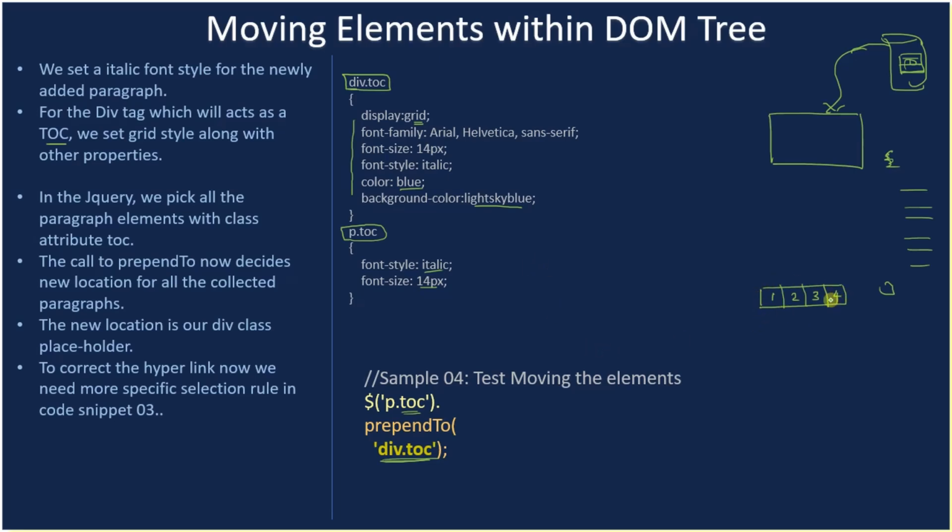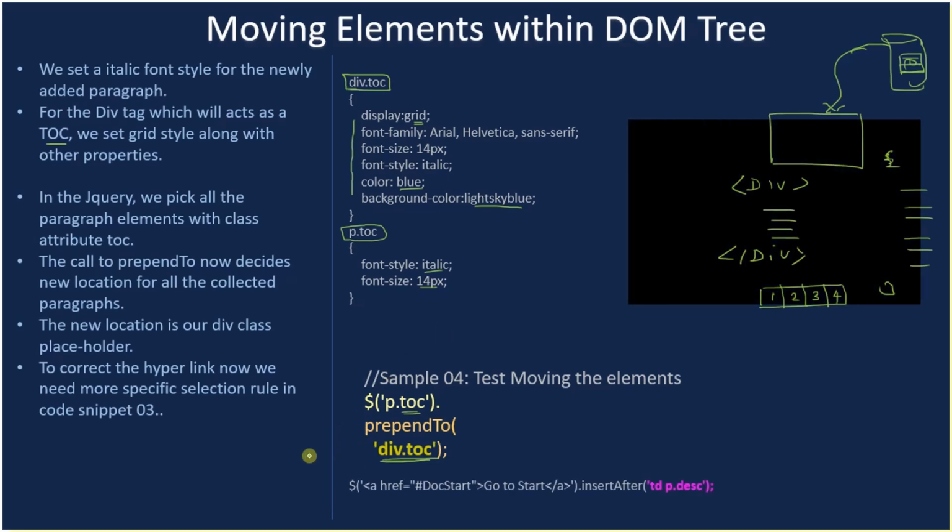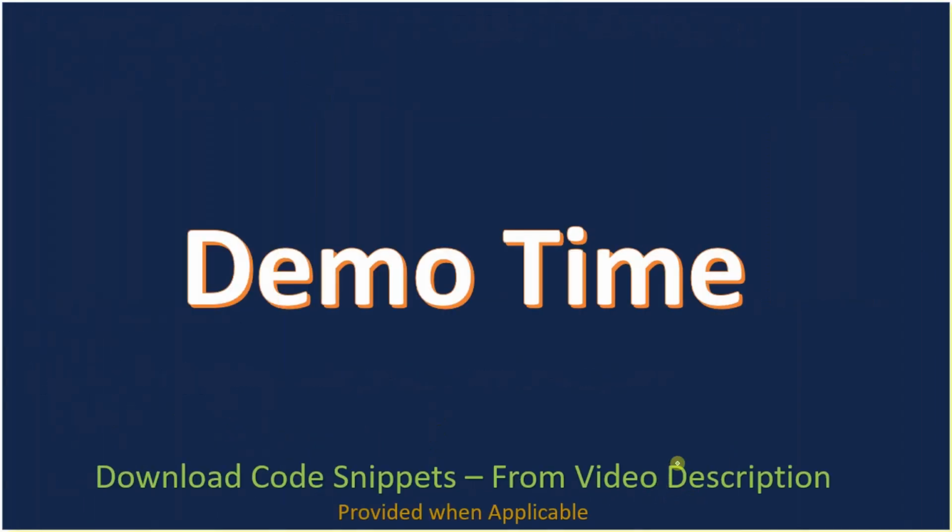This newly filtered set of elements will get added to the div tag, the div tag that is marked with TOC. So all this table of content stuff will get added to the div. This correction we already made, we don't need to do this again. Let's go to the demo.